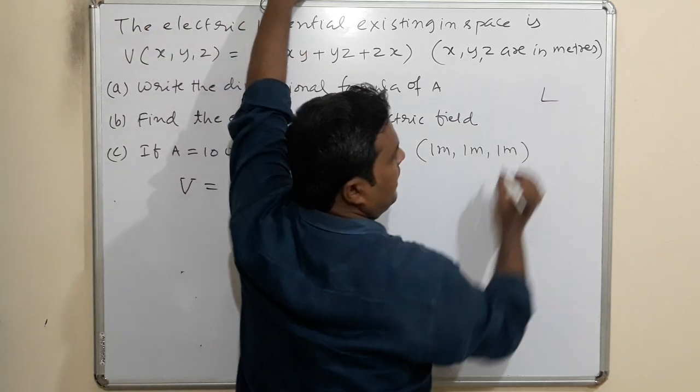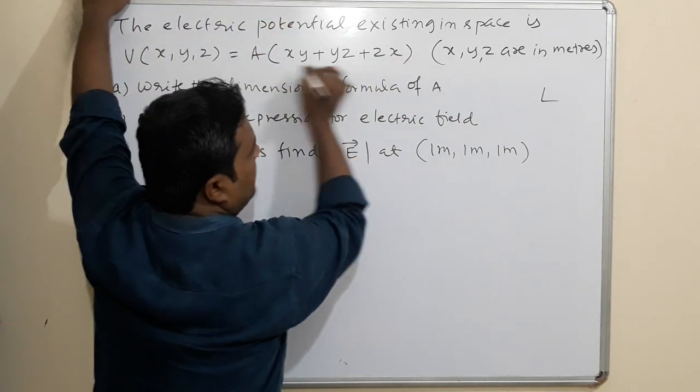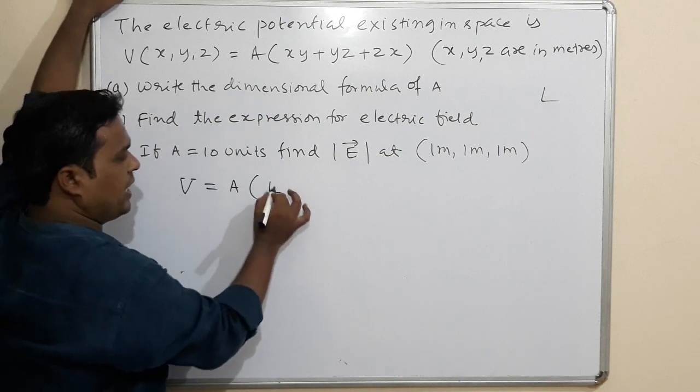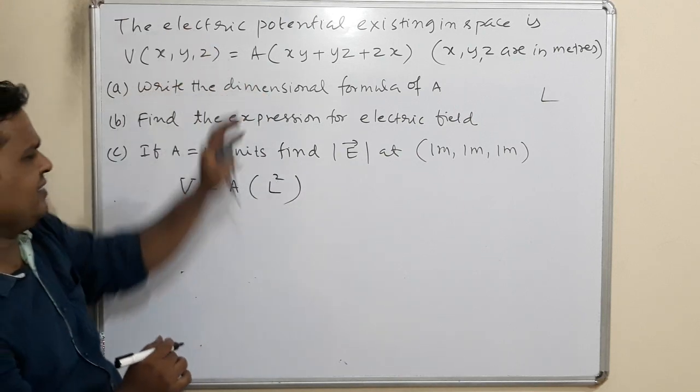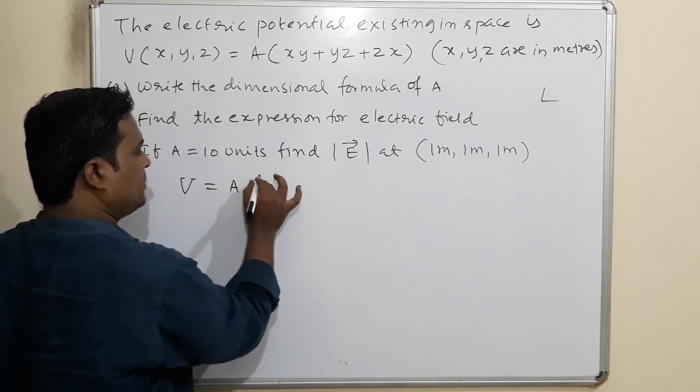Dimension of distance is L. And it will be L square plus L square plus L square. The whole term will indicate a dimension of L square. Don't take 3L square, just the number 3. This will be A into L square.